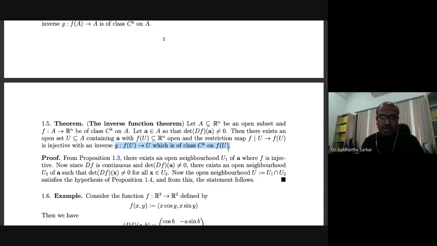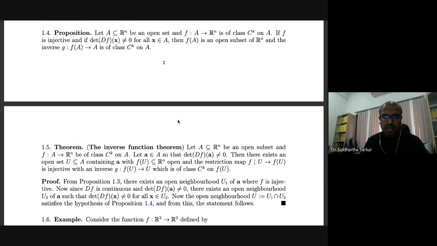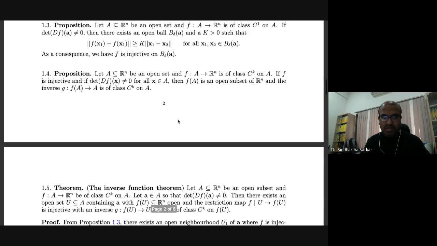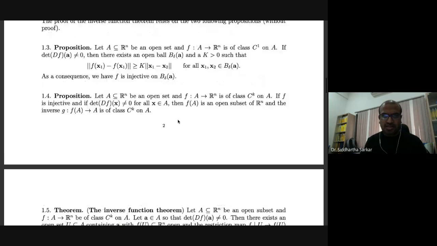Okay, so the proof is basically a two-line proof, but there is a lot of preparation required, and I'm not going to do this because it is a little too long for a one hour lecture. I think it should take at least 30 minutes to go through the details. So there are two key steps.